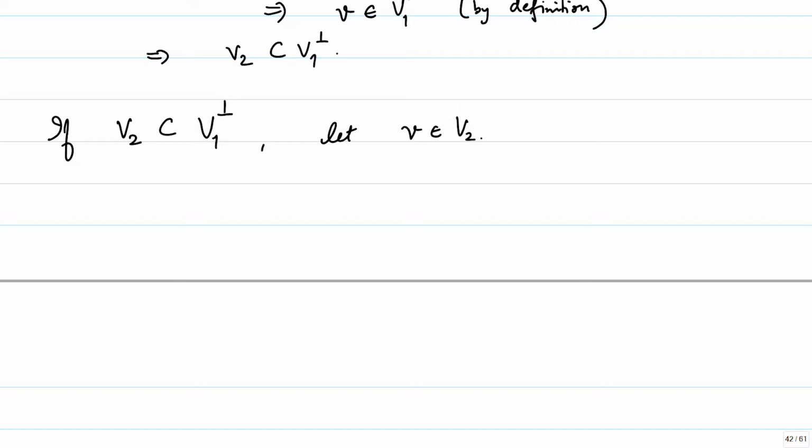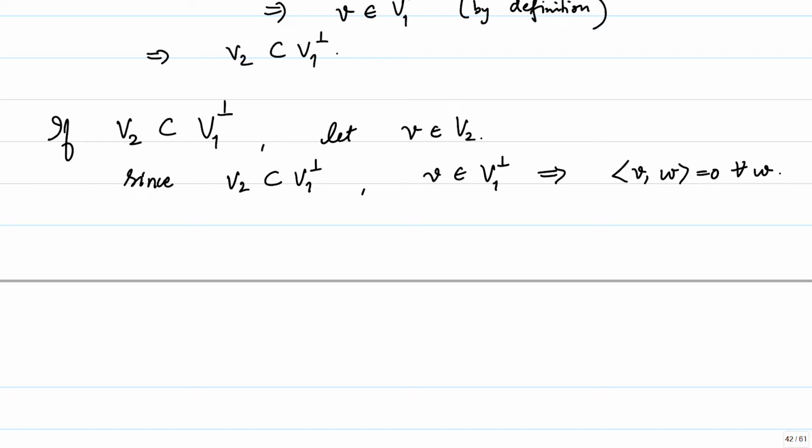Our goal is to show that V2 is orthogonal to V1. That means that we would like to show that the inner product of V with any vector W in V1 is 0. So, let us pick an arbitrary vector V. Because V2 is contained in V1 orthogonal, V belongs to V1 orthogonal, and by definition this implies that the inner product of V with W is equal to 0 for all W.